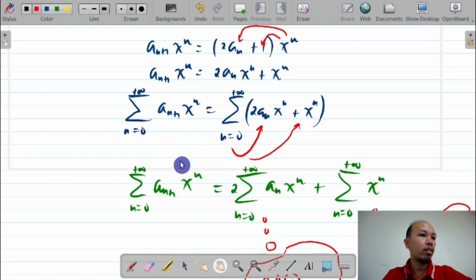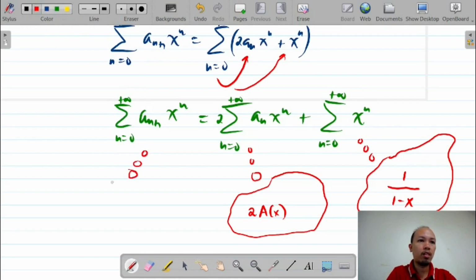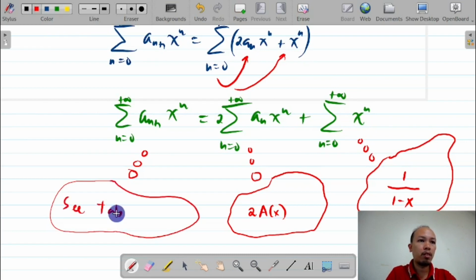Okay, so let's go to our open board, and since we know that based on the table, table 1 or figure 1, okay, it is right shift.